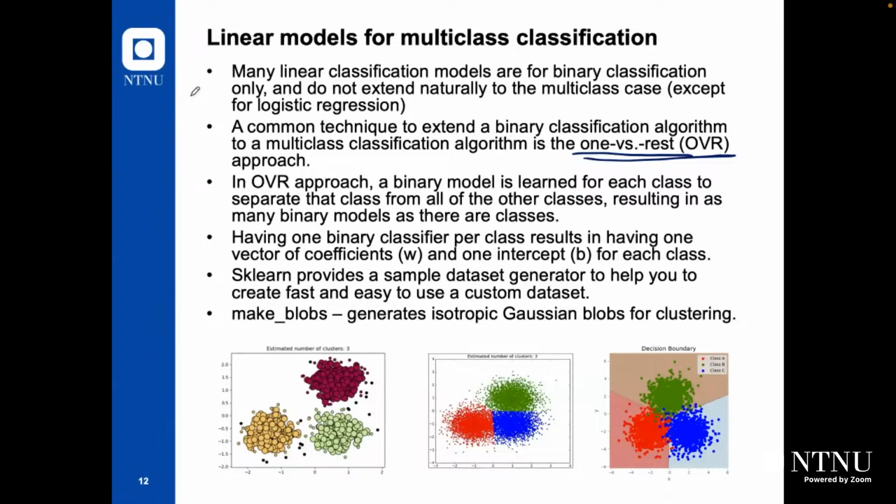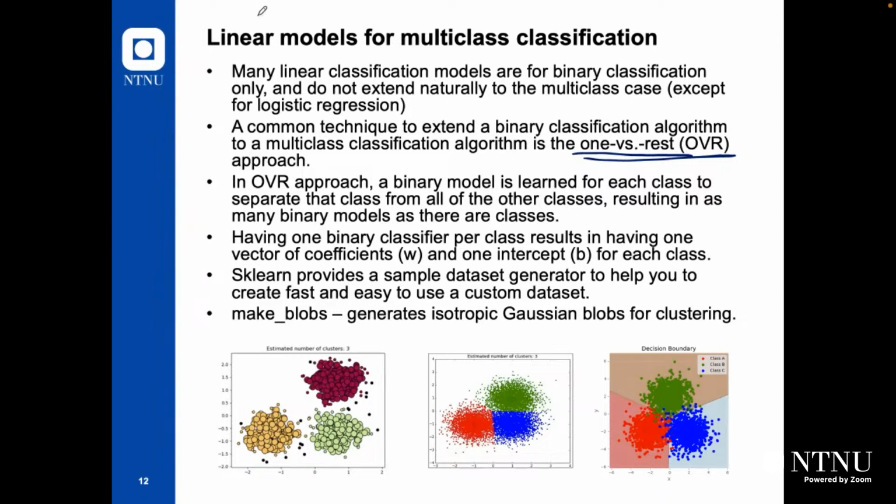So instead of getting one vector, it will be a matrix, in fact, because each model will have one vector of weights and one intercept. So in this case, we will get three models. For example, if we need to use a binary linear model for classifying the Iris dataset, the three classes, we should expect that we will get three classifiers, one for each class.